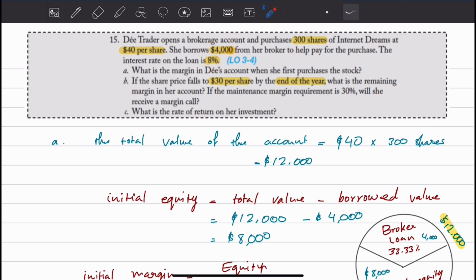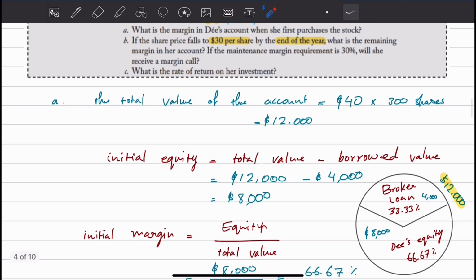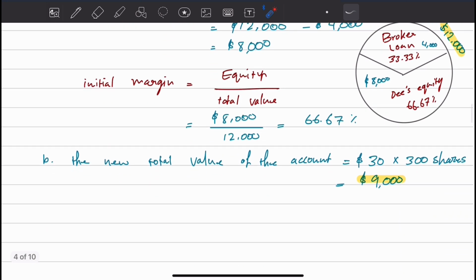Okay? So now we want to find the total owed to the broker.